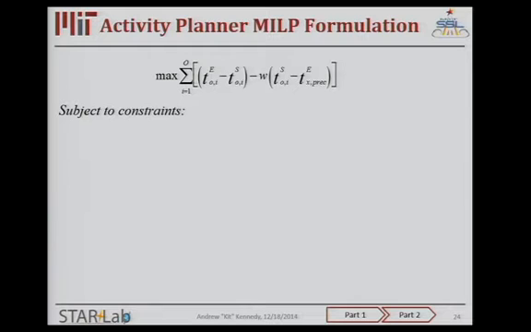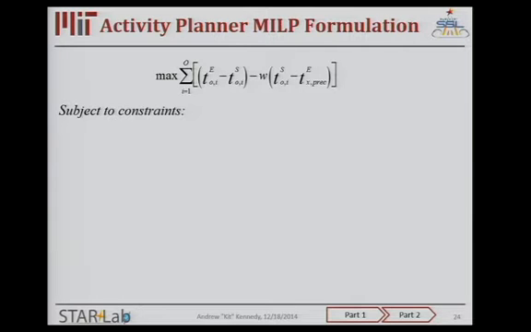This line at the top is an objective function that, in layman's terms, is trying to maximize the amount of time that one of these agents spends in its observation modes, and minimize the time between a crosslink and an observation.